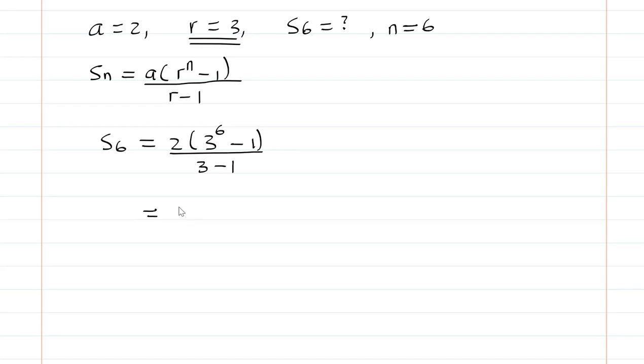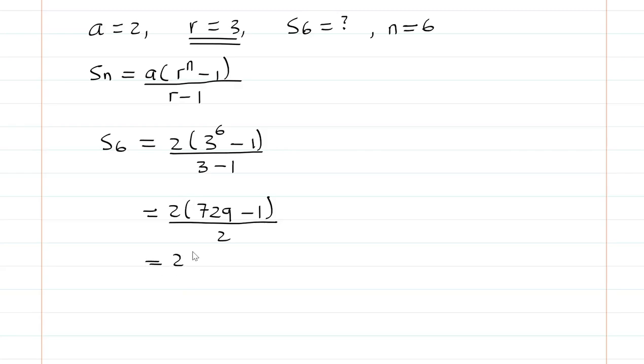into, then you press your calculator. What is 3 power 6? 729. Then the formula says minus 1 over 3 minus 1, which will get 2. Then we simplify.